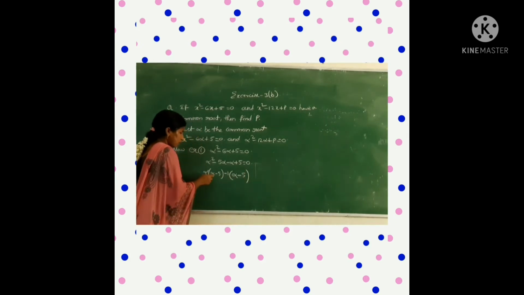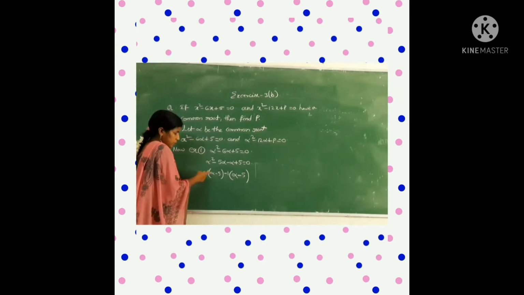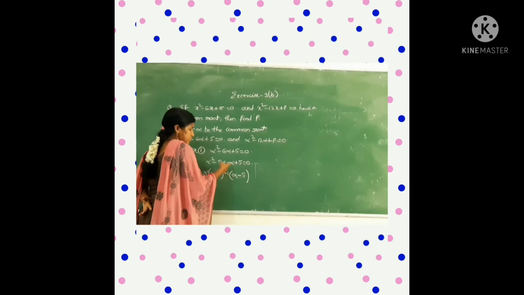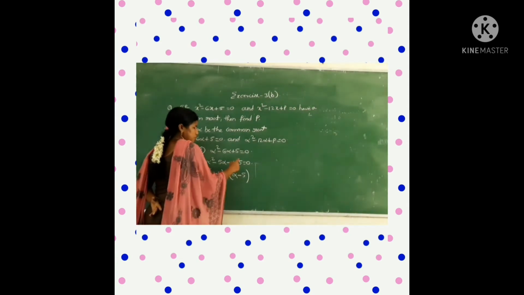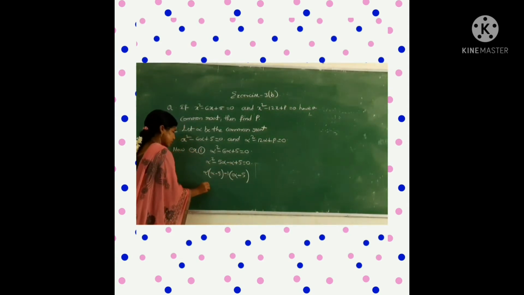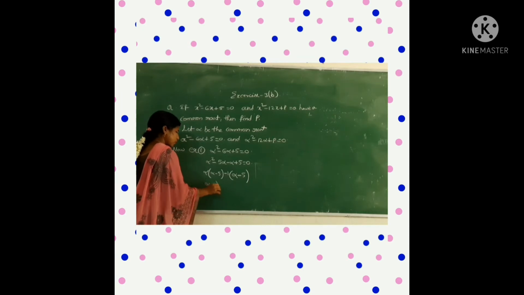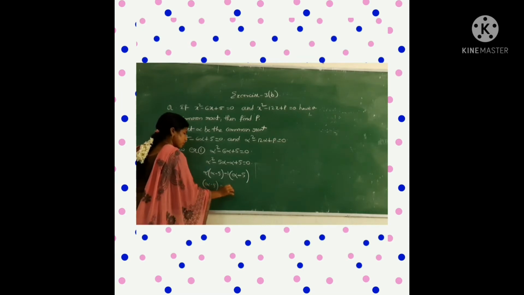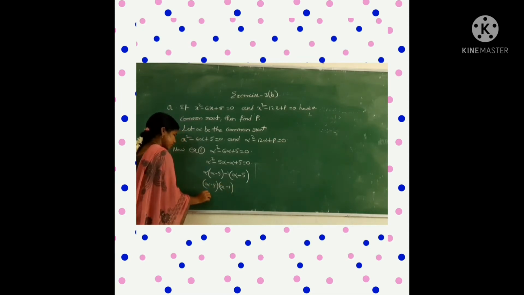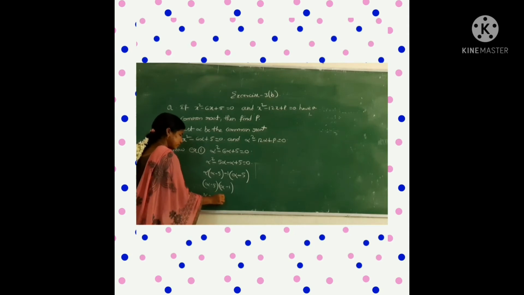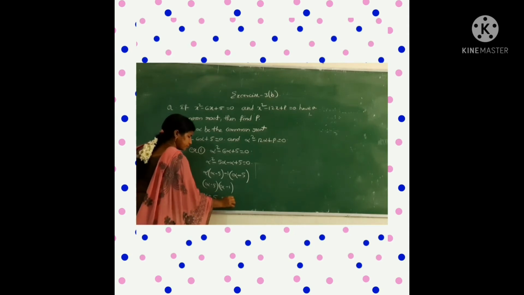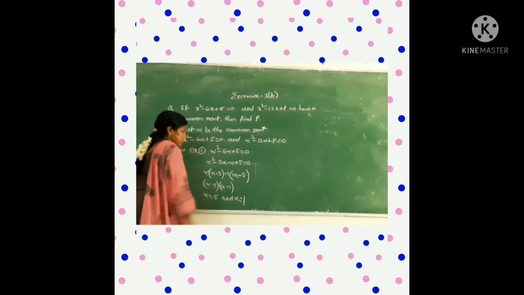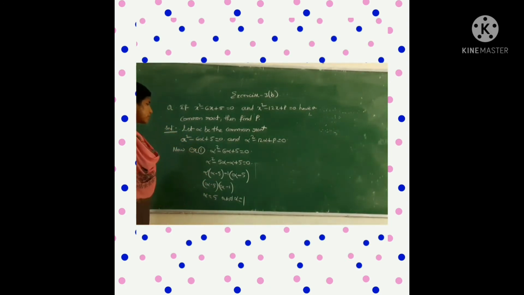Understand? Common to that, alpha minus 5 and alpha minus 1. So alpha is equal to 5 and alpha is equal to 1. We get two roots.